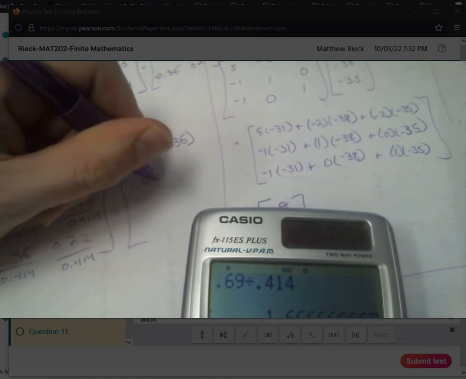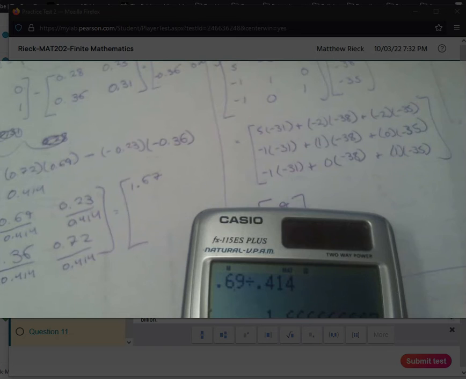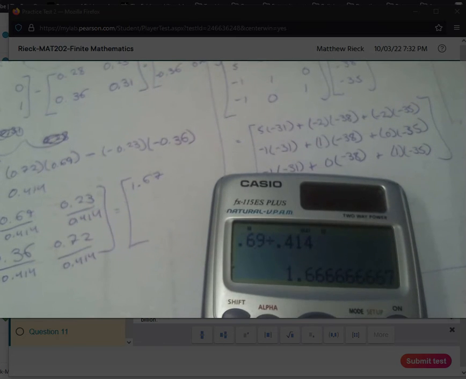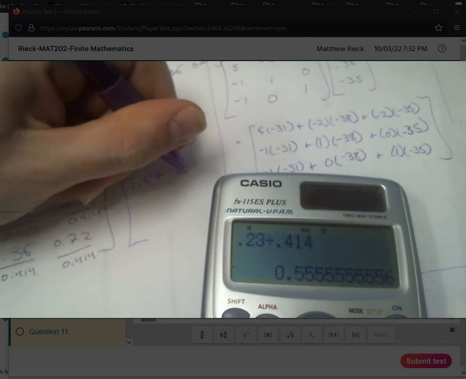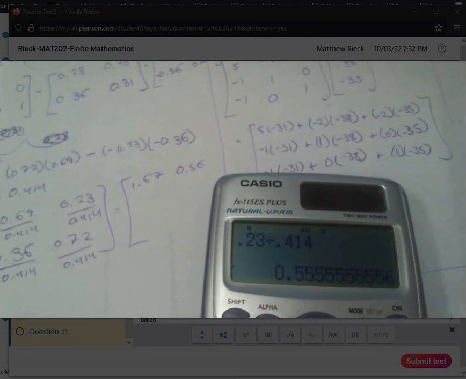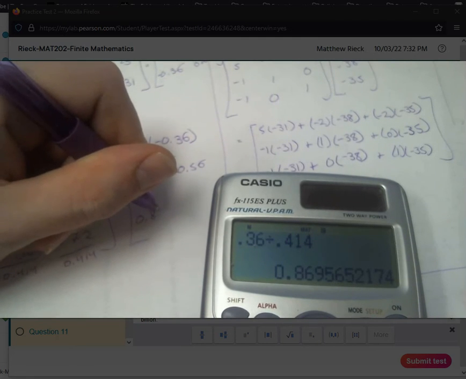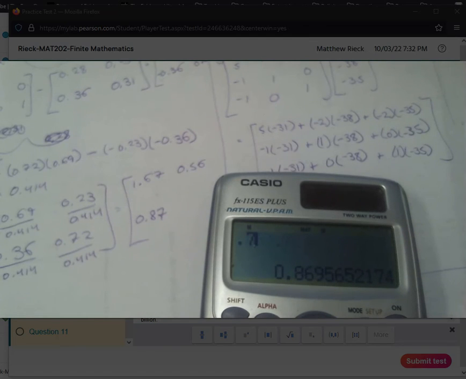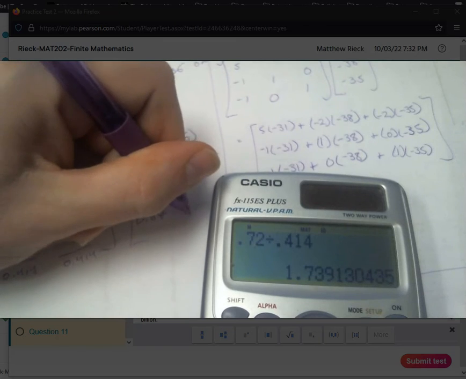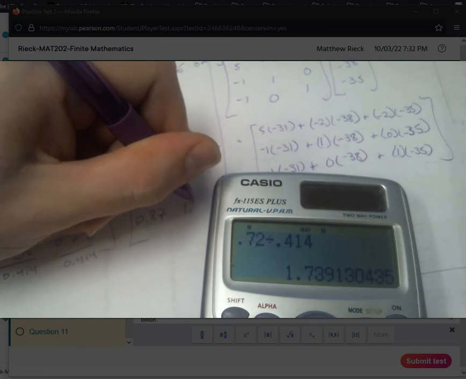All right. So I'm just going to round to 2 decimal places here. 0.69 divided by 0.414 is 1.67, and 0.72 divided by 0.414 is 1.74.